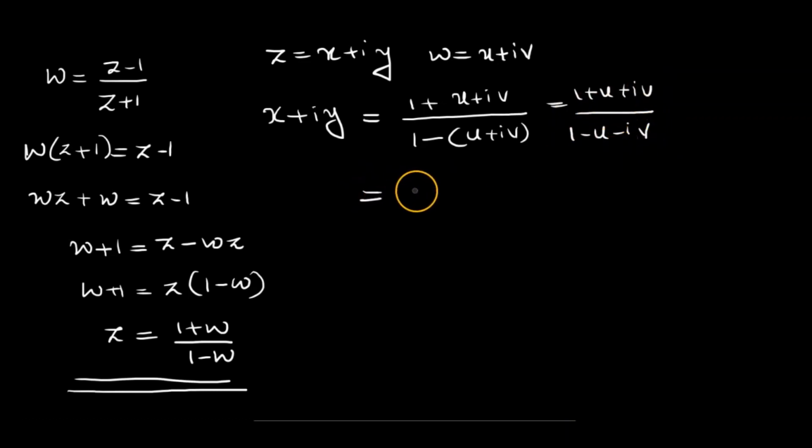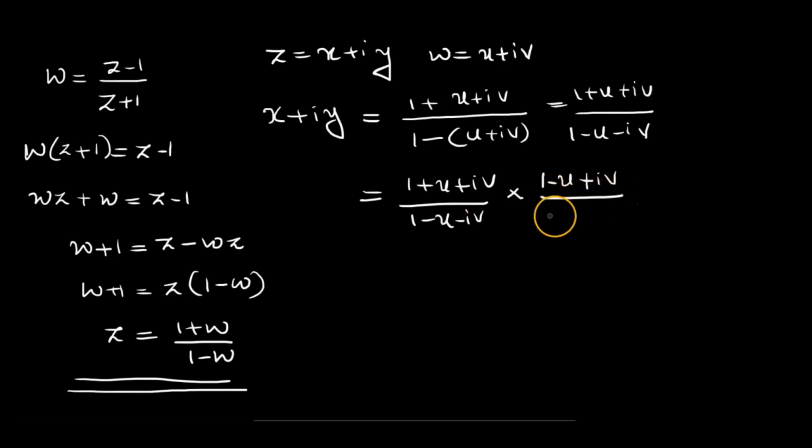Let us rationalize this term. We need to multiply both numerator and denominator with the conjugate of the denominator 1 minus U minus iV. This conjugate is 1 minus U plus iV. Multiplying numerator and denominator with 1 minus U plus iV.